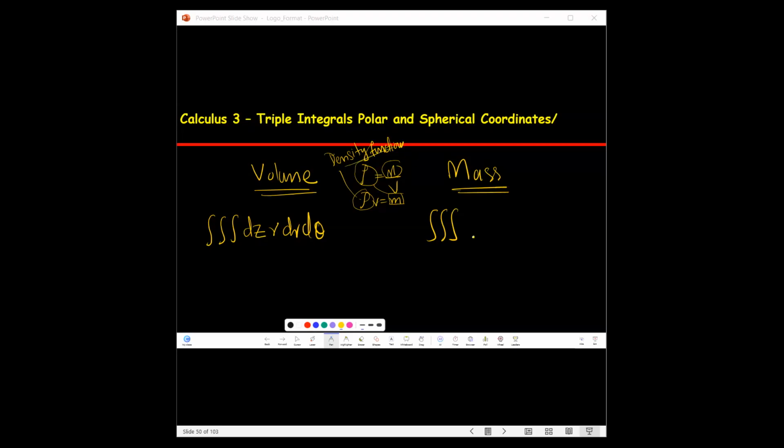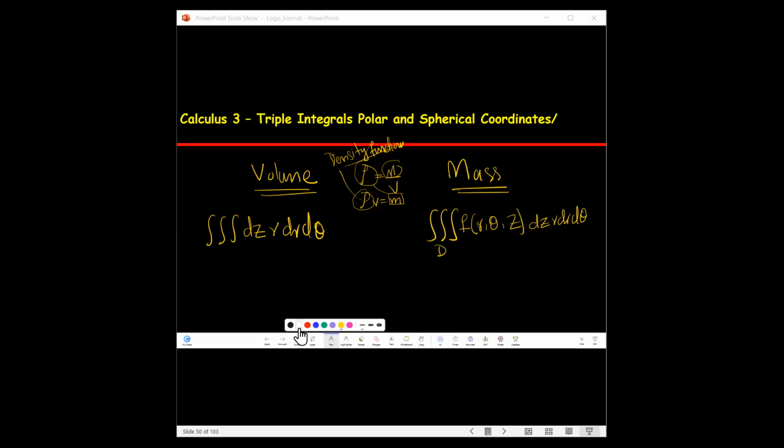Could be any function which has three variables, just like x, y, z. Here it is r, theta, z, and then dz, r, dr, d theta.